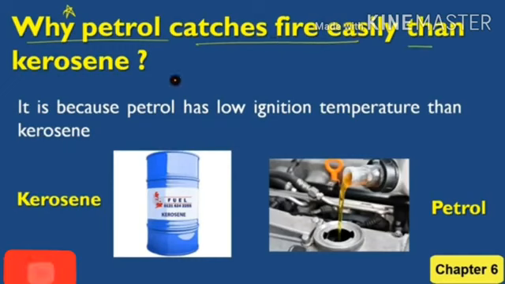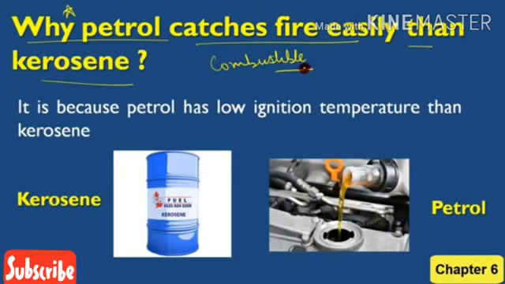Next question. Why does petrol catch fire easier than kerosene? The answer is because of the low ignition temperature, petrol catches fire easily as compared to kerosene. Combustion process depends on the ignition temperature. Kerosene and petrol both are combustible substances.